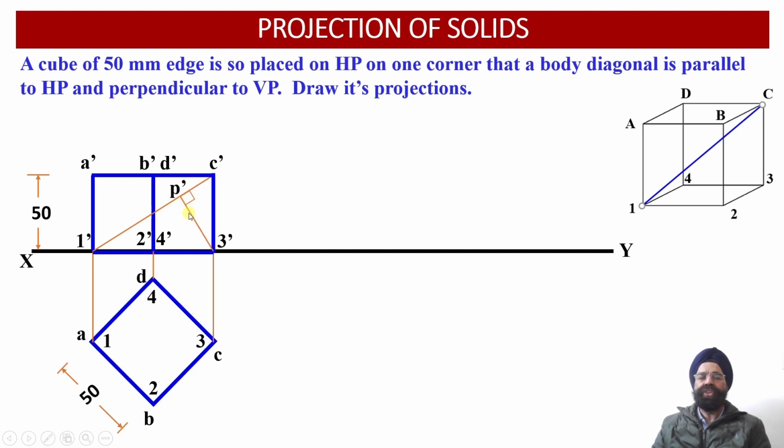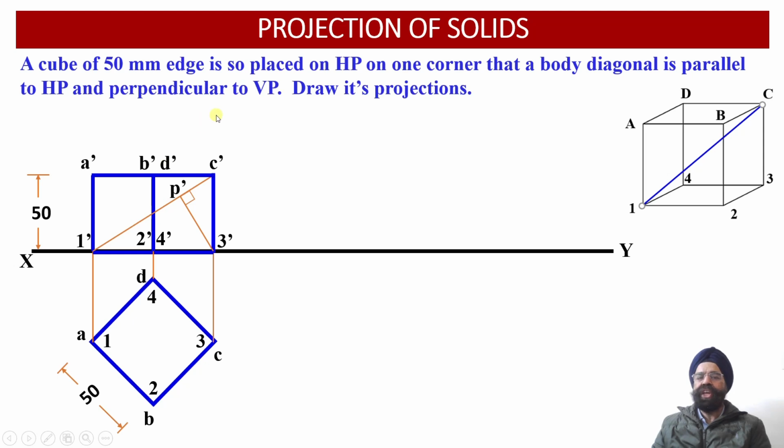Because now if we mark this distance 3 dash P dash, this 3 dash P dash is perpendicular to this body diagonal, which is 1 dash C dash. And we also know the rectilinear distance between P dash and C dash, and the rectilinear distance between P dash and 1 dash.